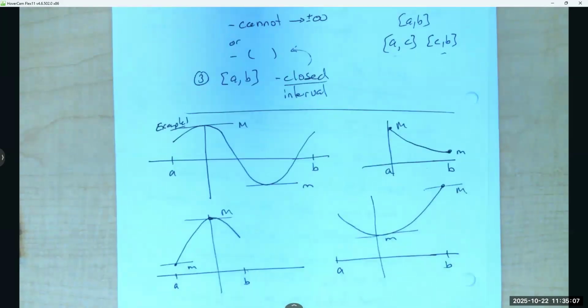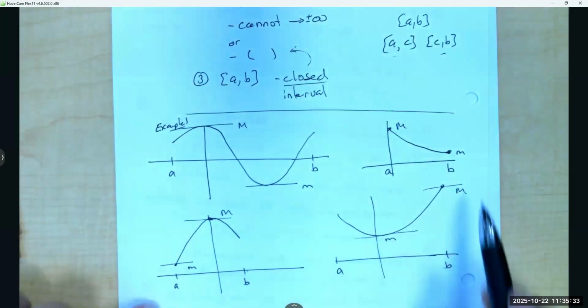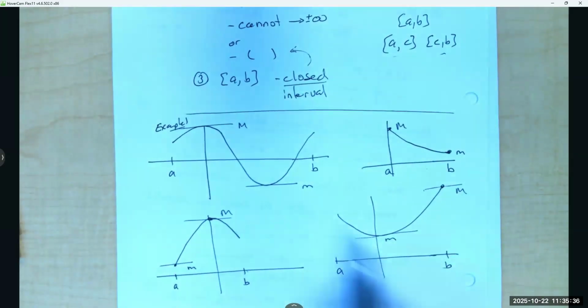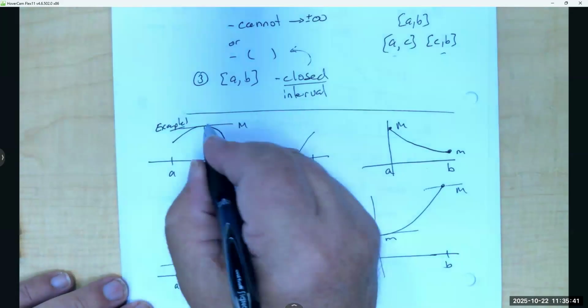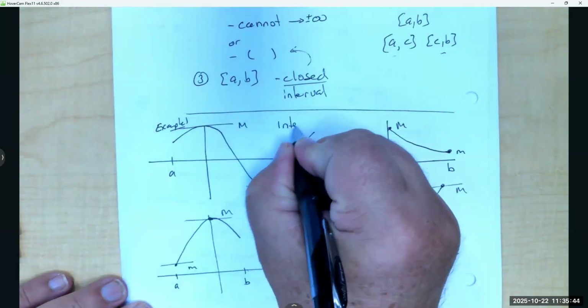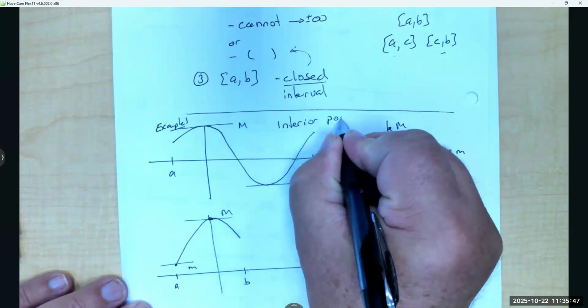So what do we notice about these four pictures? Why are these four pictures important? Where can extrema occur? Notice how we're always inside the interval AB. They happen inside the interval, so we call these interior points.